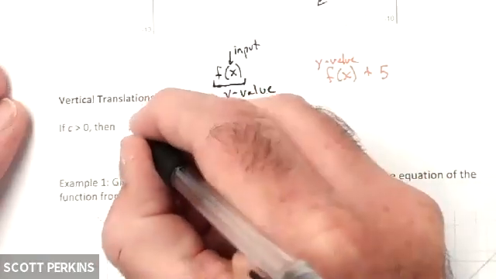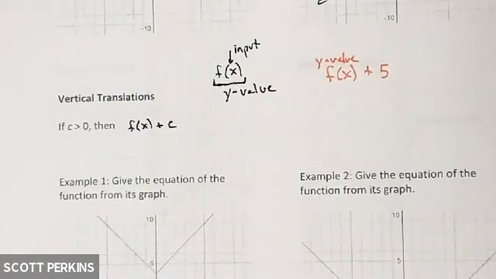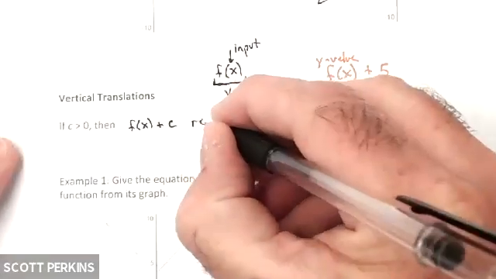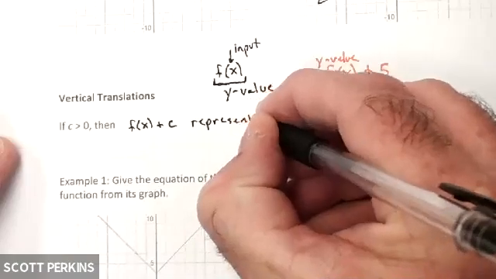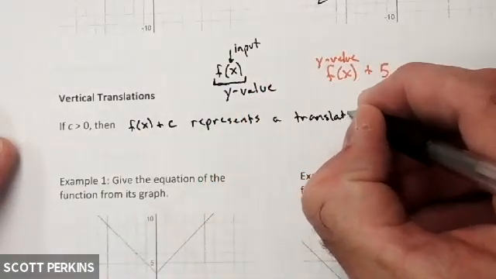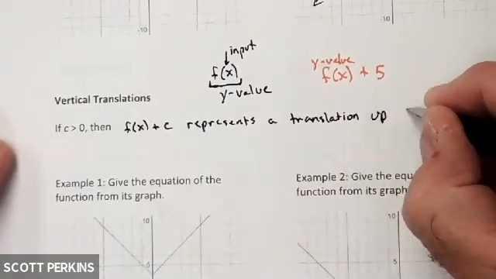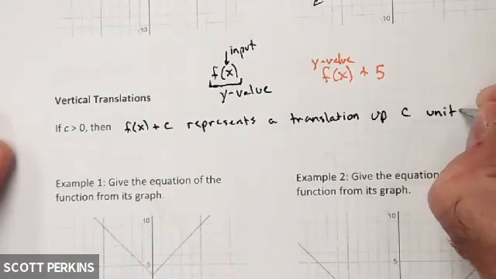Okay, if I take f of x plus c, like you just told me with the +5, you said when I add 5 to all of my y values, that's going to move the function up. You are 100% correct. What this represents is a translation up c units.